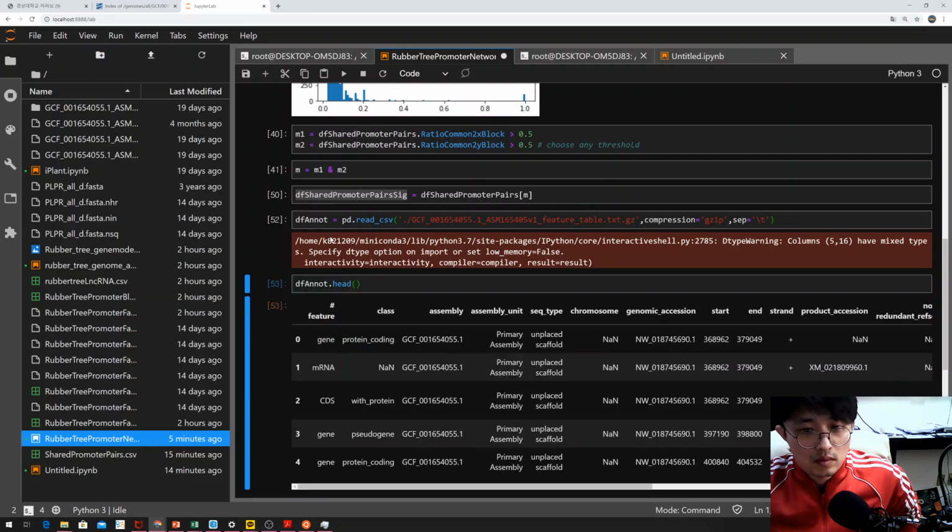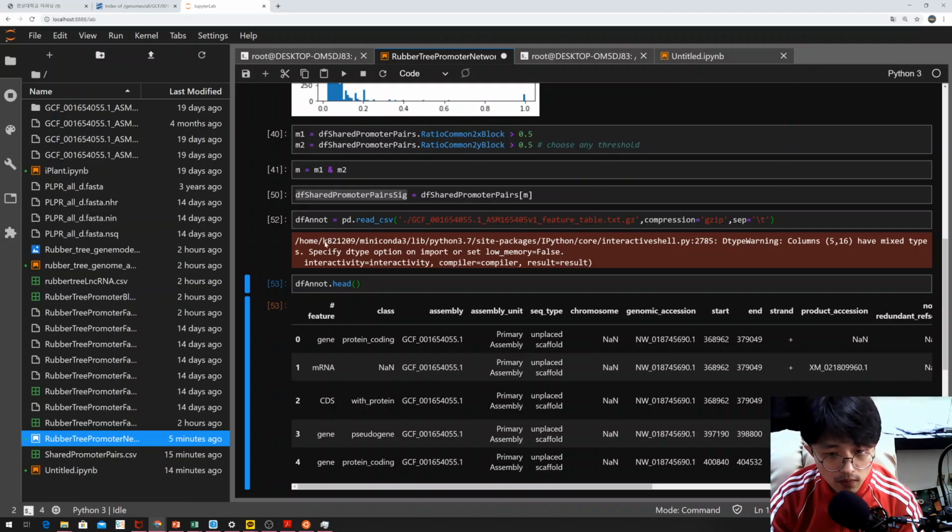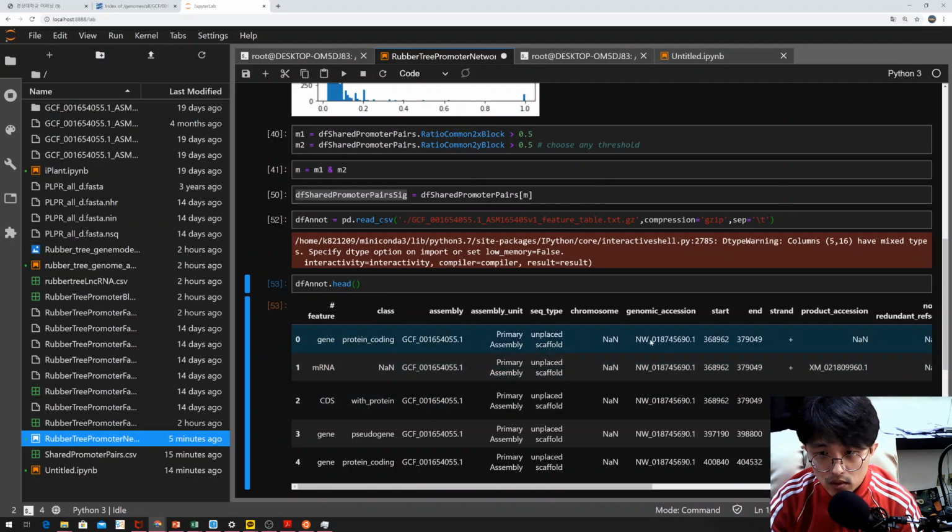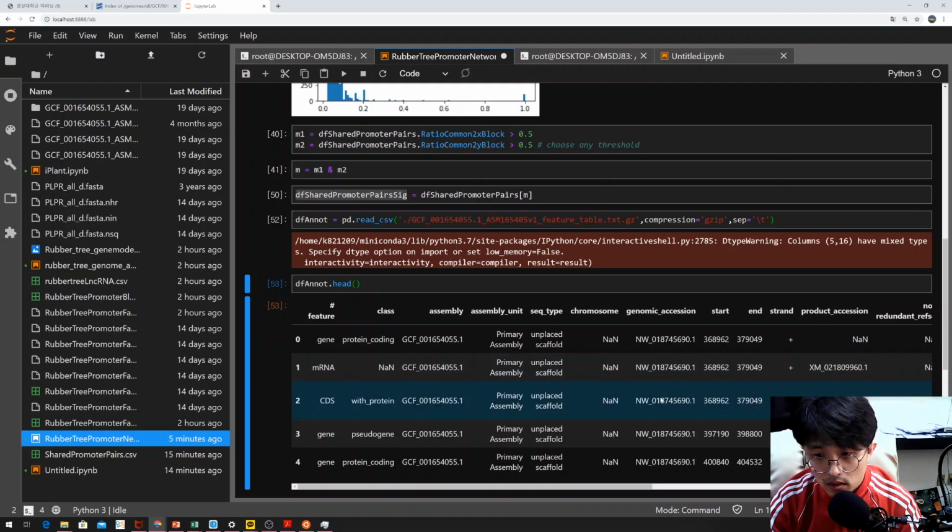Good. Okay, you have features. So this means that this will have the product accession. XM means mRNA, I think. XP means something protein.